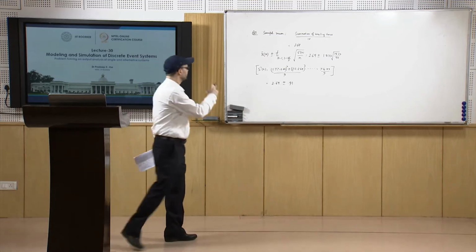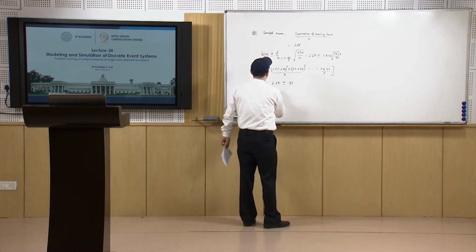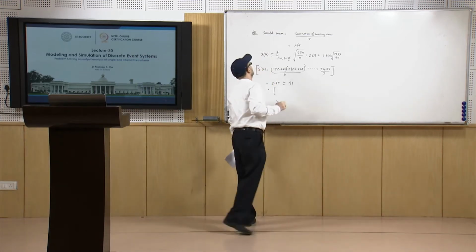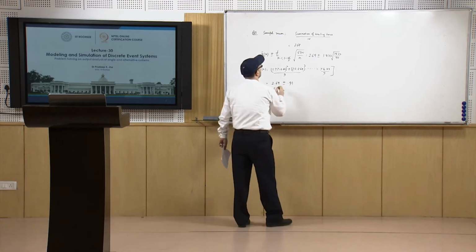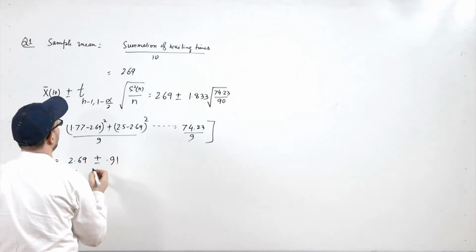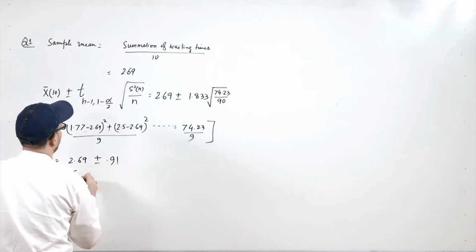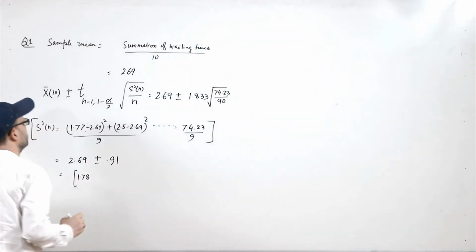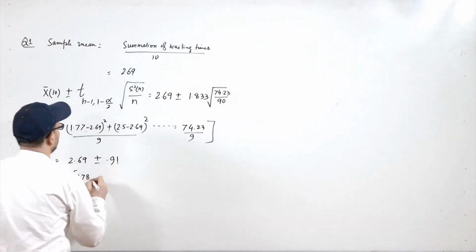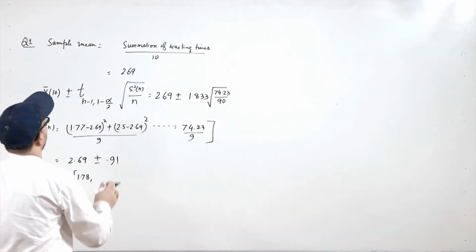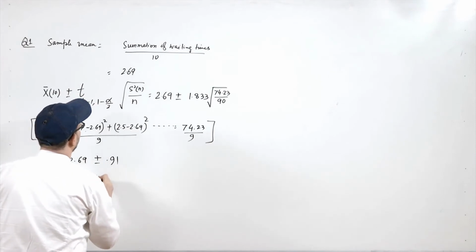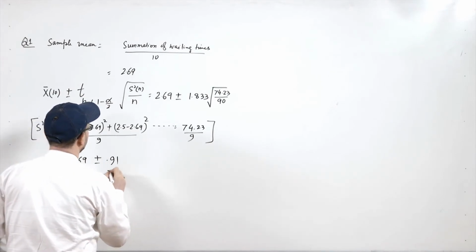So, this is the confidence interval. So, we have the interval that is, first of all, the minus. Once we do the minus, it will be 1.78, and if you do the plus, it will be again 3.60.